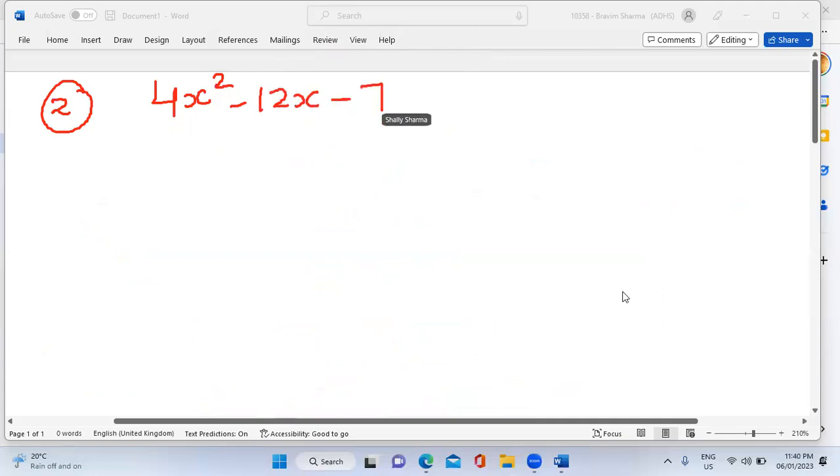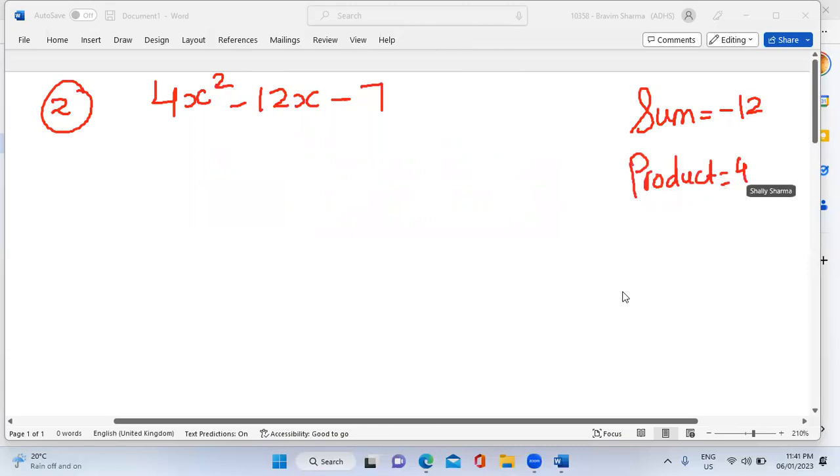To find the product and sum, you should be good with negative numbers. So here again, the sum is equal to negative 12. The product will be equal to 4 times negative 7, which is negative 28.